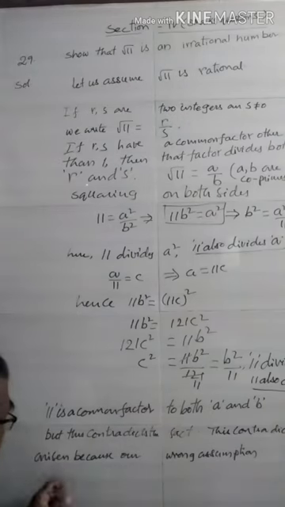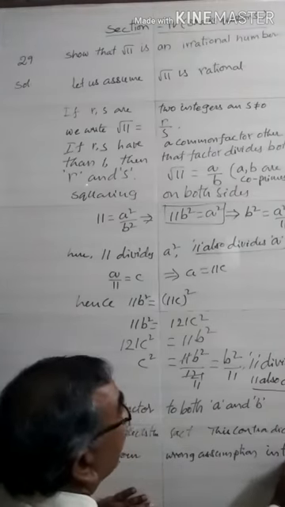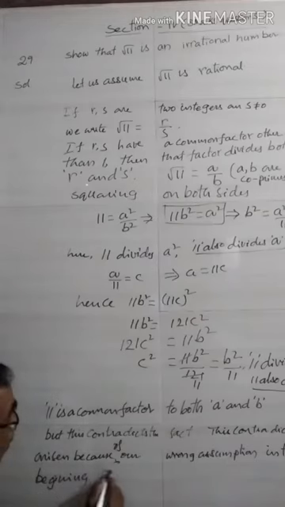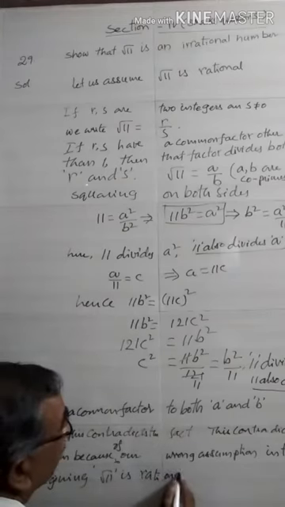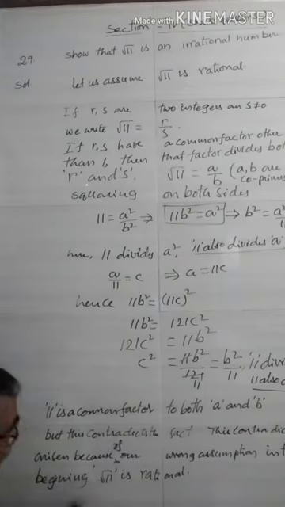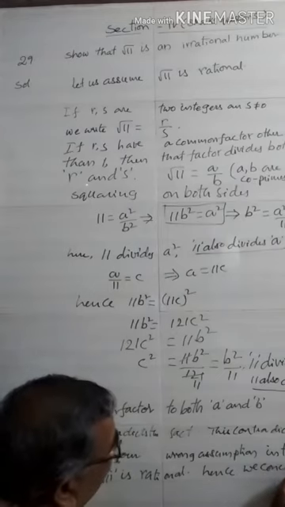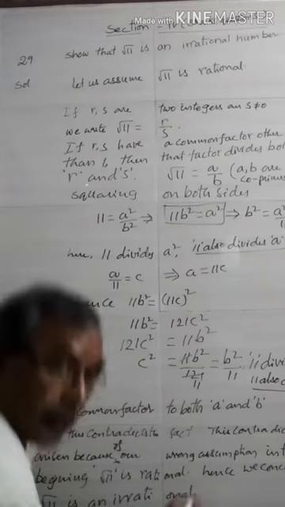So this contradiction arises because of our wrong assumption in the beginning that root 11 is rational. Hence, we conclude root 11 is an irrational. Okay.